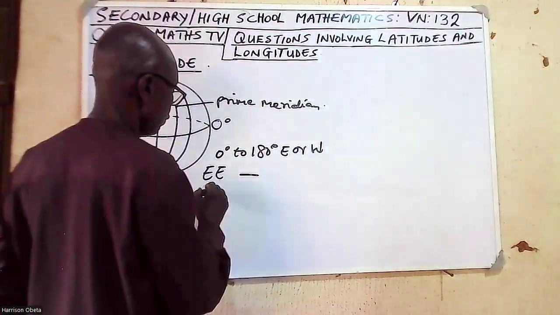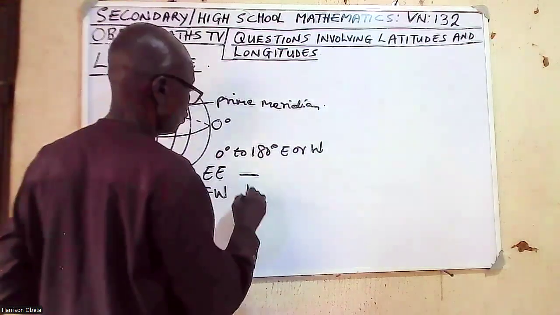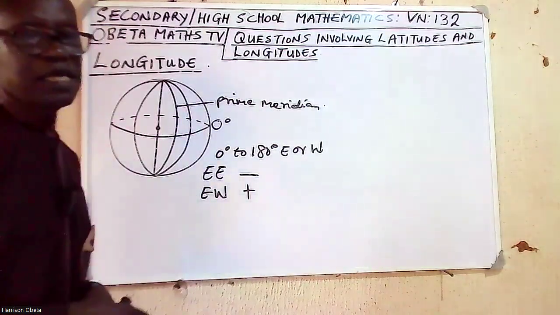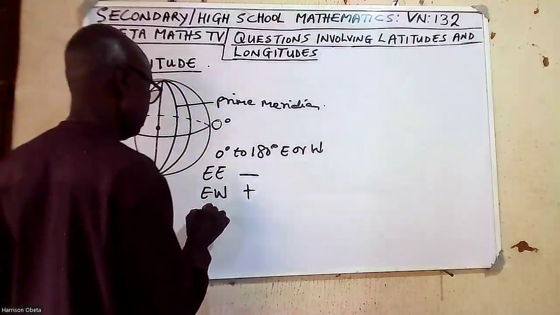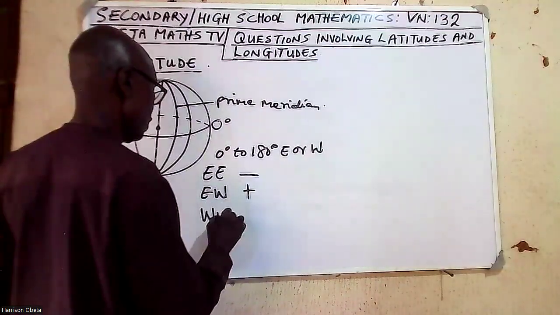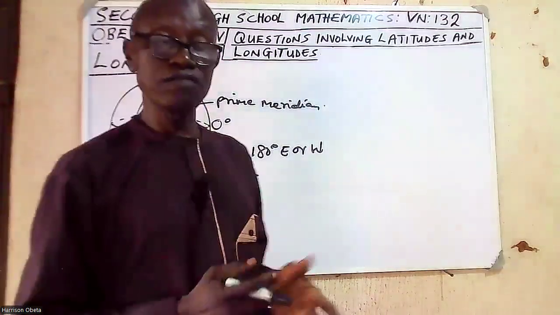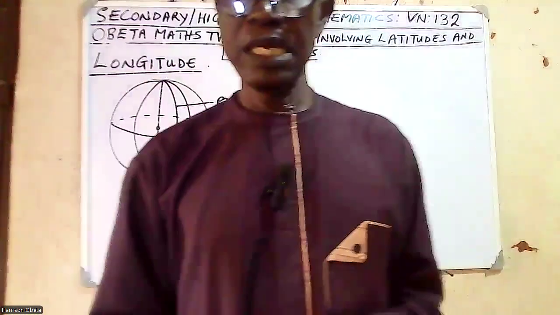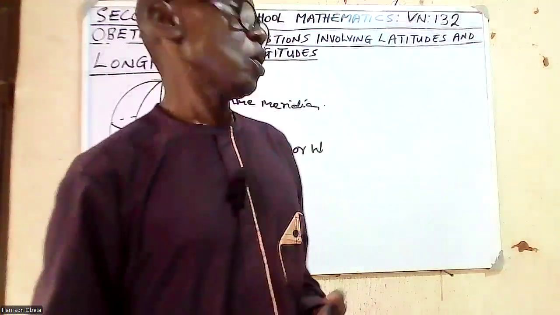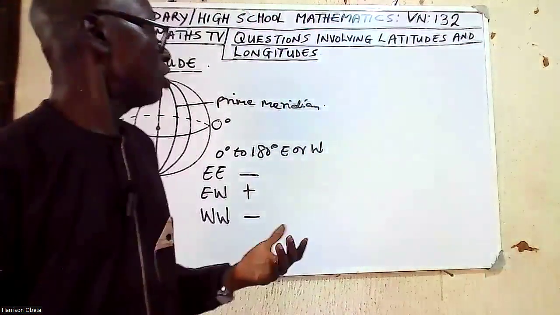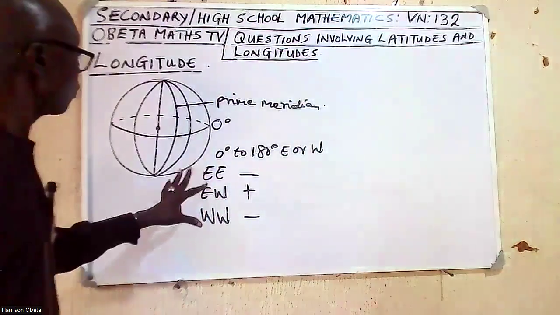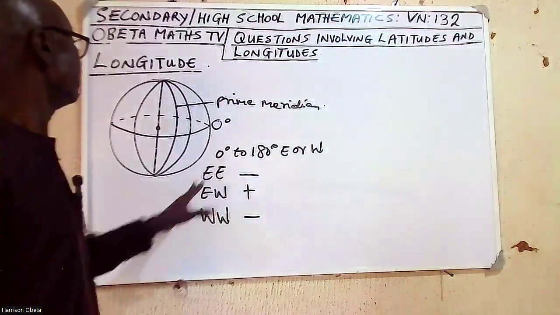East-west, use plus to find the angular difference. And west-west, you also have a negative. We'll be seeing more of this when we start solving examples. So as we move on, you know where and how we'll be using this.